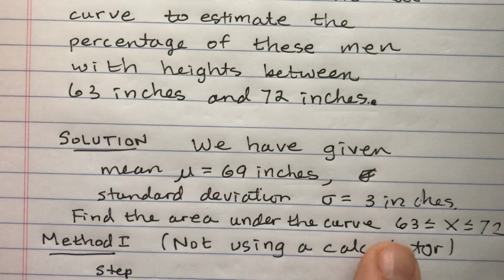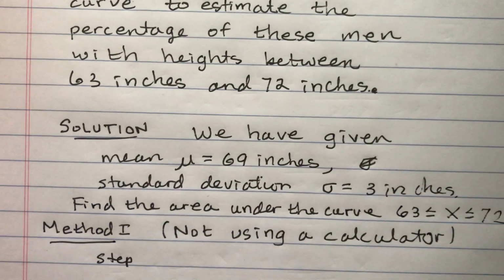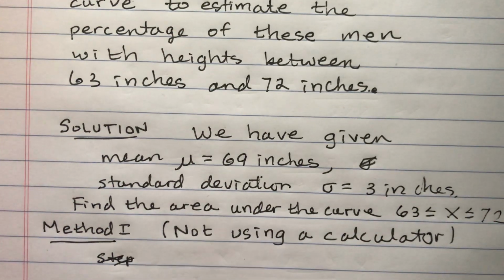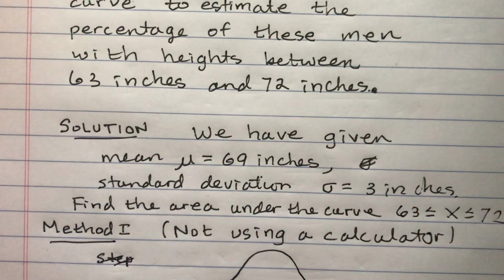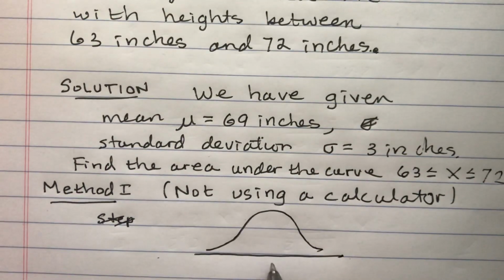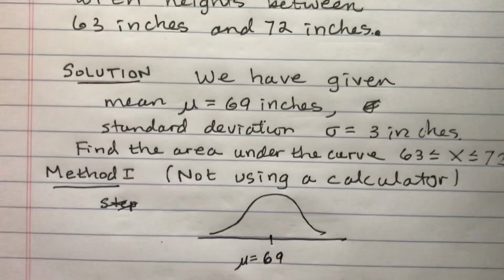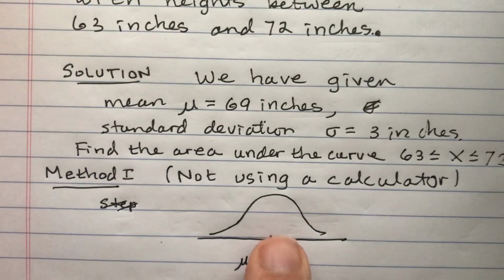So we're trying to find the area under the normal curve between those values. Now, we're assuming that we have normal distribution of height, and the mean is 69 inches right here. So I've been drawing the standard normal distribution, where the mean is 0 and the standard deviation is 1.